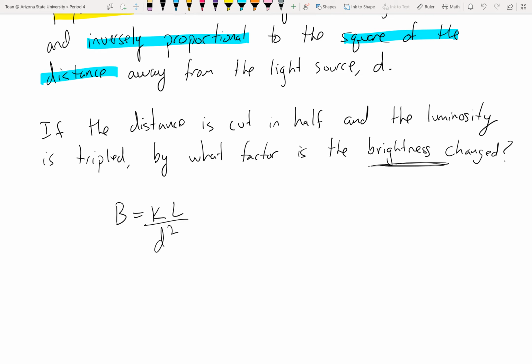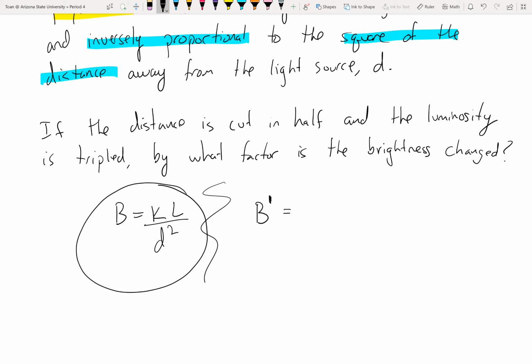We can proceed forward. So what I'm going to do is I want to know how much brightness changed. So I'll do B prime to indicate this is my new brightness. So B prime equals. And all we're going to do is follow our original proportional equation and change the variables that they want us to change. So B prime equals K. K is the constant.